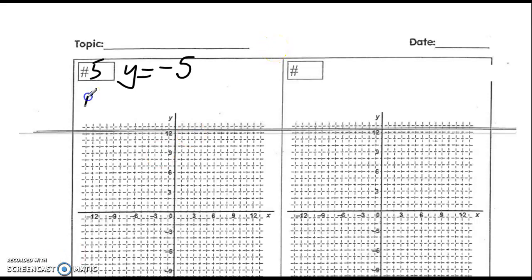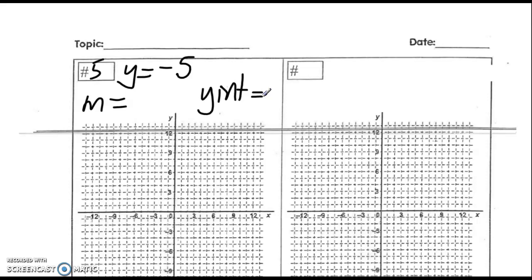You need to identify the slope and the y-intercept. Any guesses on the slope? I have 0, 5/1, 0.